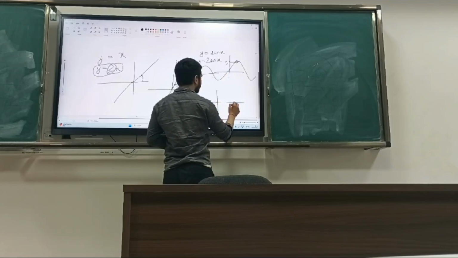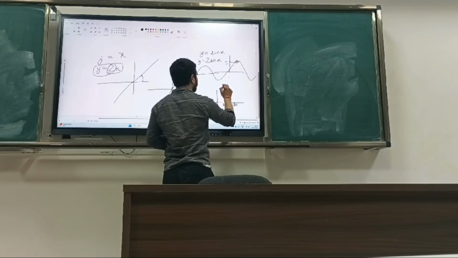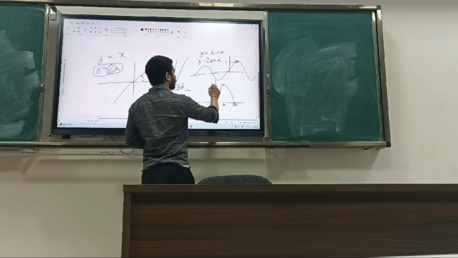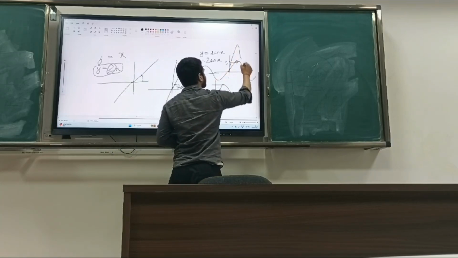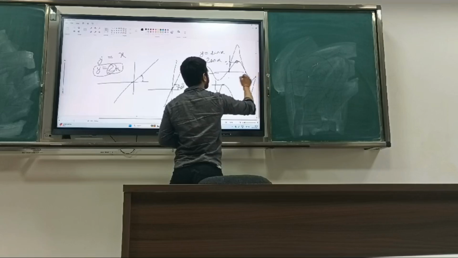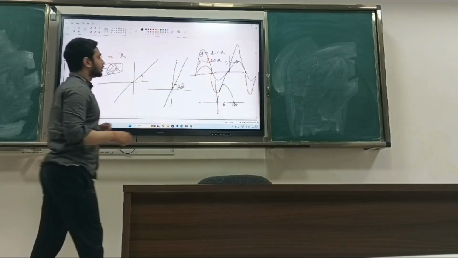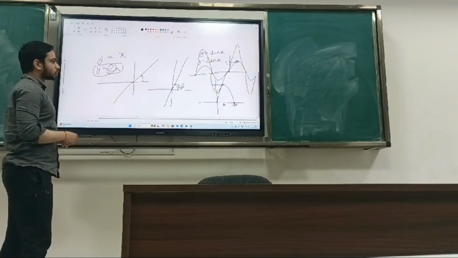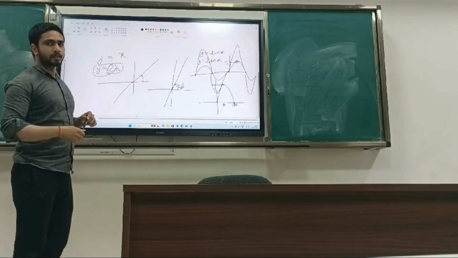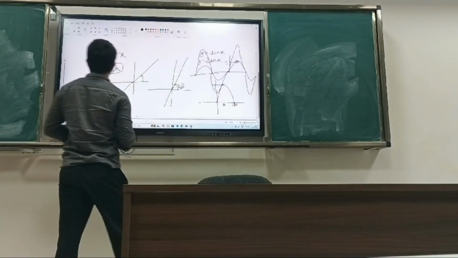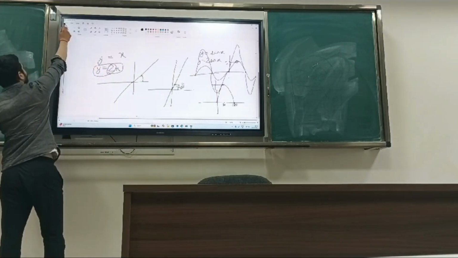This is 0, this is 180, and at 90 the value will be 2. Like this, all values will be multiplied with 2, so the height will increase. This graph will be stretched upwards and downwards like this. This will be the graph of y equals 2 sin x. So stretching will be there if a number is multiplied with this type of function.